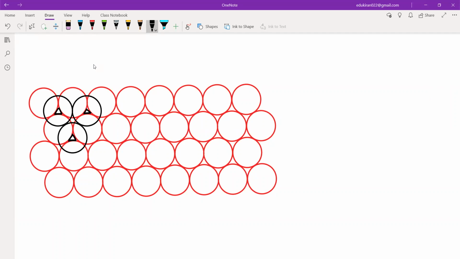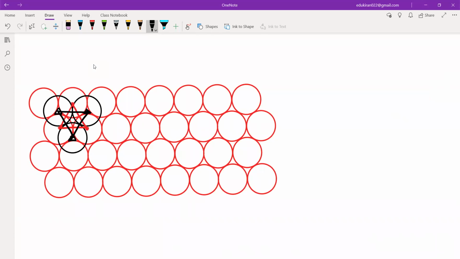Now listen very carefully. Look at the 3 red atoms that I am marking: this red atom, this red atom, and this red atom. And now look at the black atoms that I am marking: this black atom, this black atom, and this black atom. Do you observe something?